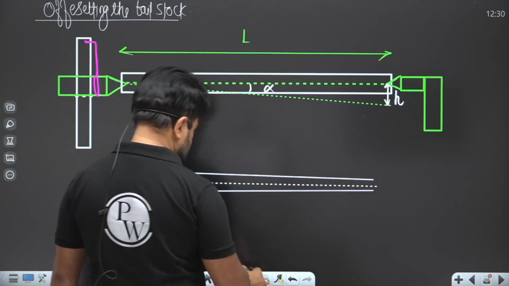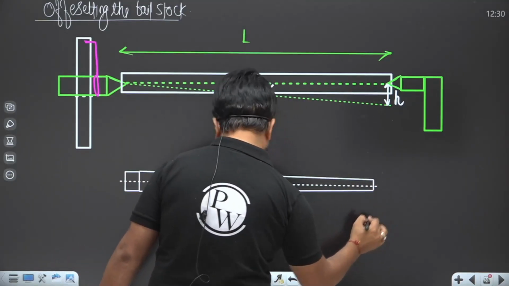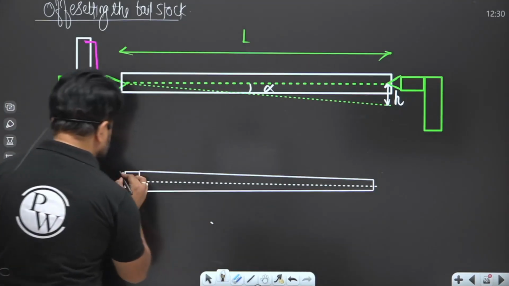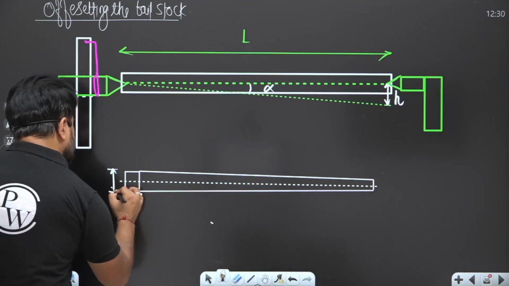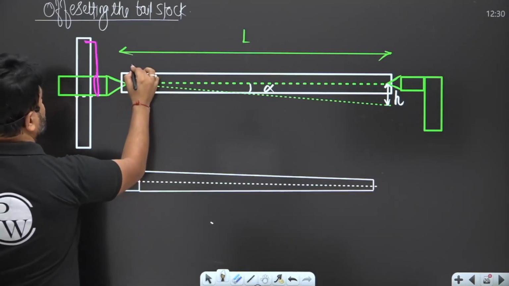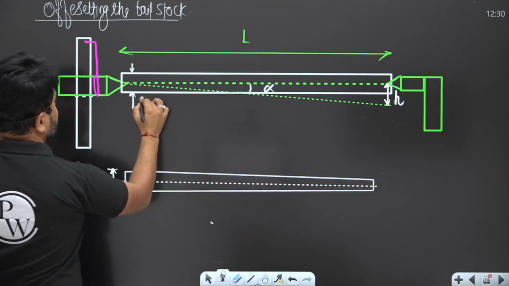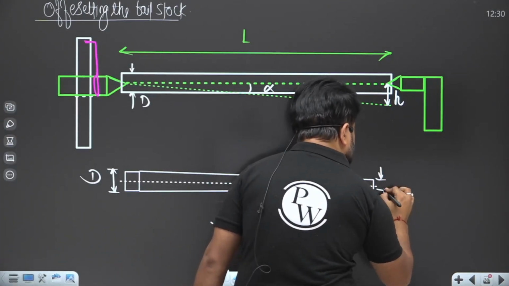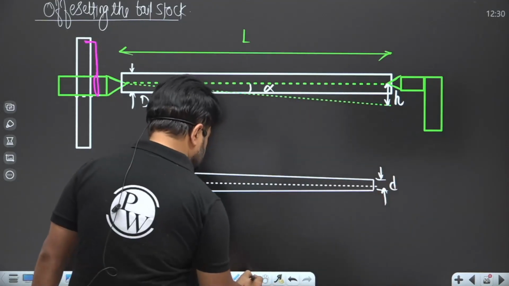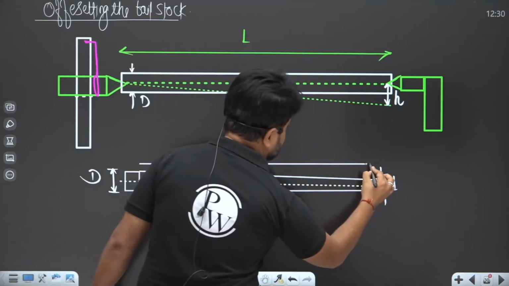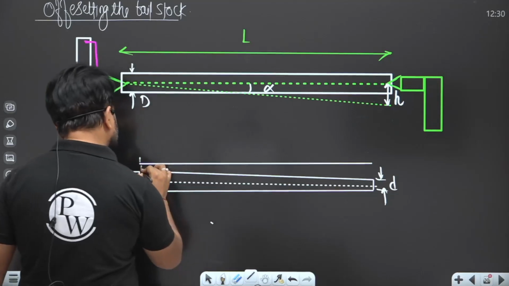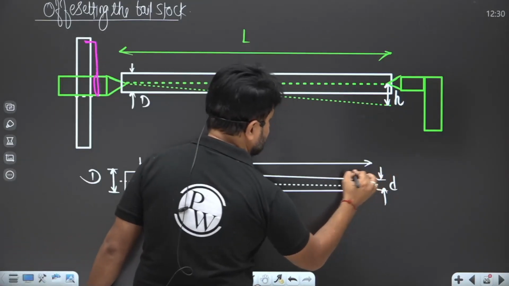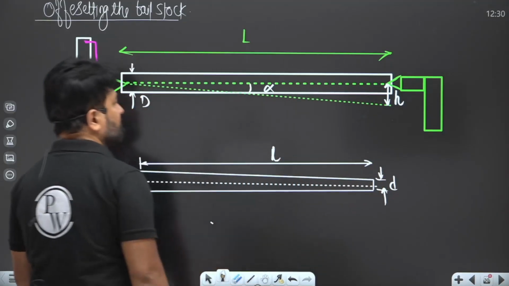See here, this is the taper surface. From this side, this is capital D, and here a small d. From here to here, this is the taper turning length, that is small l.